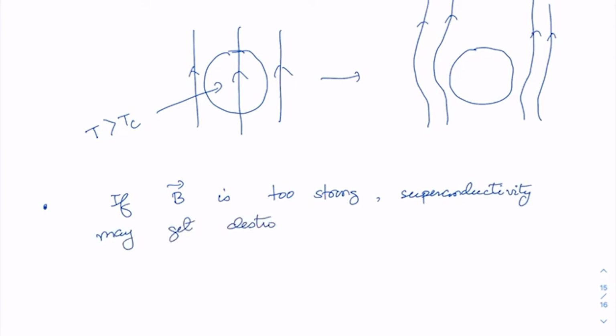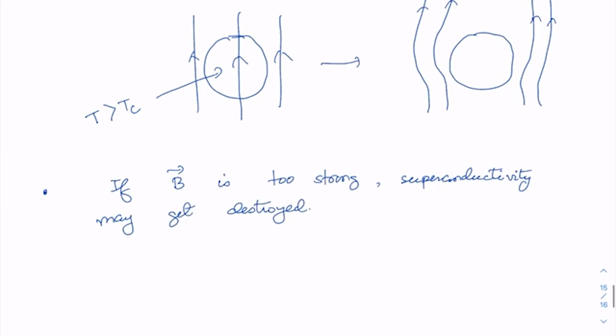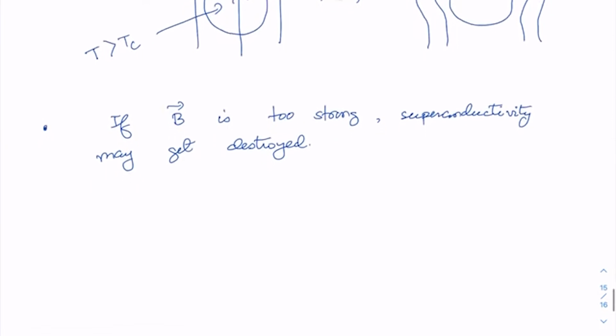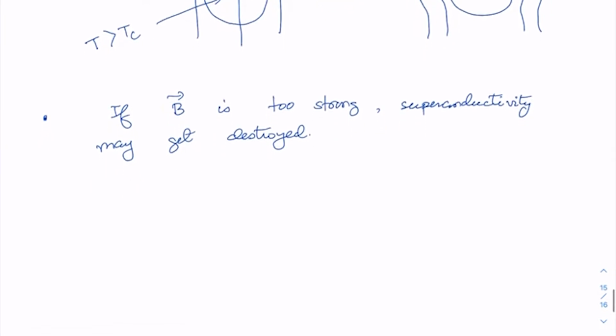So the metal would no longer be a superconductor. That means the magnetic field will be able to penetrate the metal and it will no longer be a superconductor.